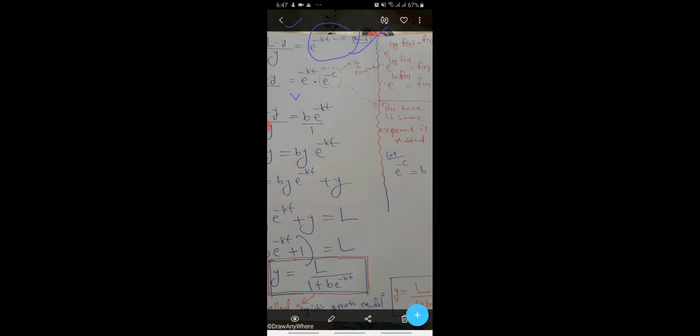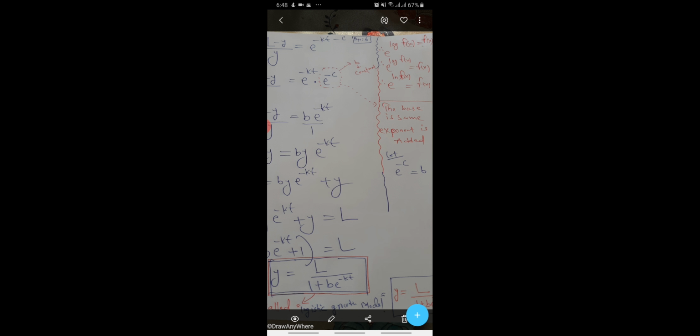I write down individually e power minus Kt multiplied by e power minus C. And look, e is a constant and C is also a constant. It means the whole value is a constant. I assume that this is equal to b. B is also a constant. So in the place of e power minus C, I will write b.